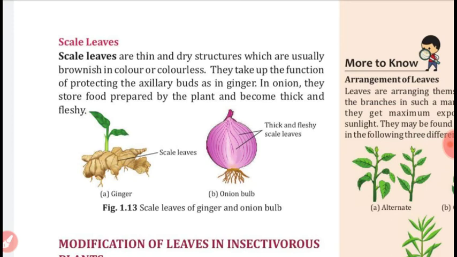What are they for? They protect the axillary bud in ginger, while in onion they store food prepared by the plant and become thick and fleshy. Okay, what happened in onion? They store food prepared by the plant and they become thick and fleshy.